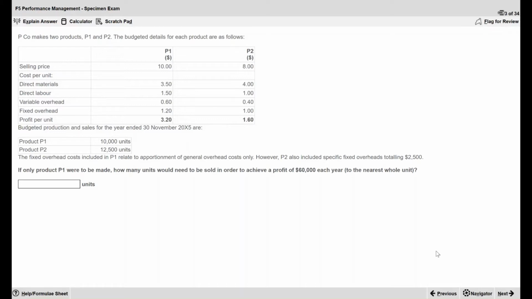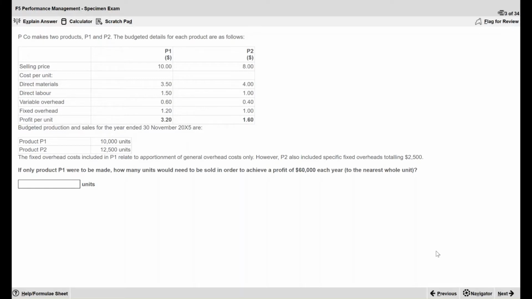So remember, in a break-even type of question, we look at the fixed cost and divide it by contribution per unit, which tells us in how many units we will break even. And then in this question we have the target profit as well. We just add that to the fixed cost and divide it by contribution per unit, and it will be our answer. But I haven't read the question.